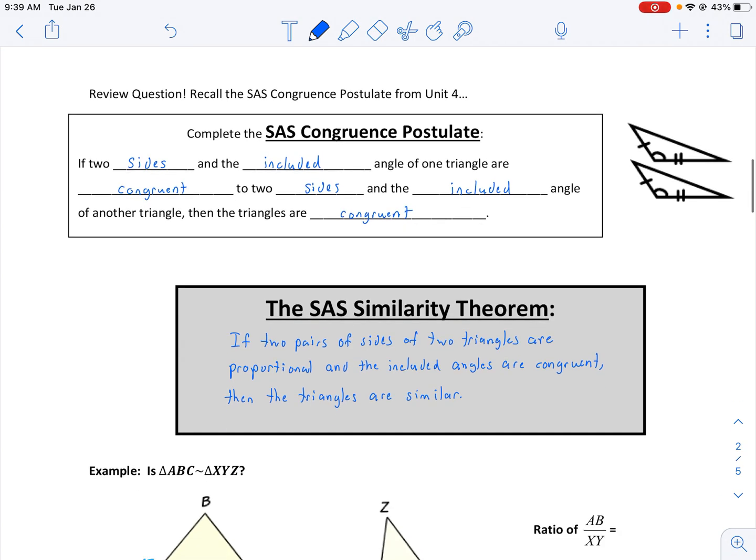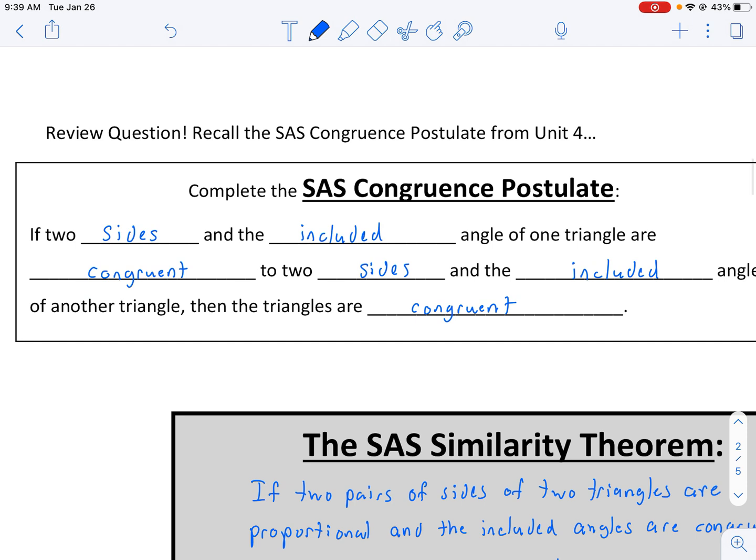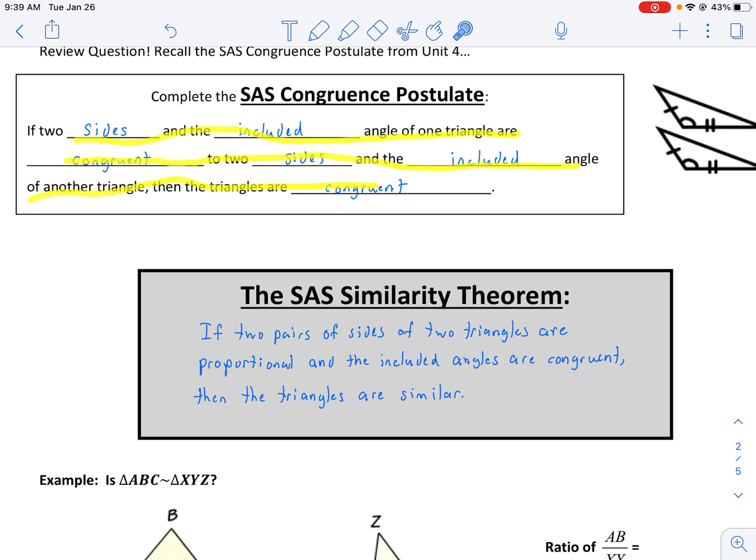Then we have SAS similarity. Again, let's review the congruence postulate, which is if two sides and the included angle, so remember the angle between the two sides, of one triangle are congruent to two sides and the included angle of another triangle, then the triangles are congruent.